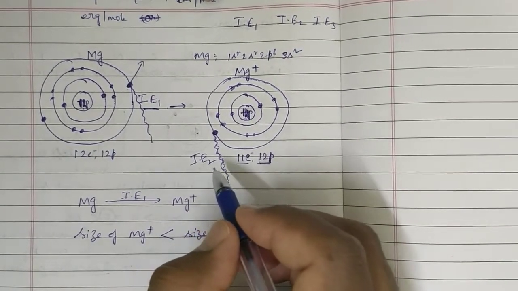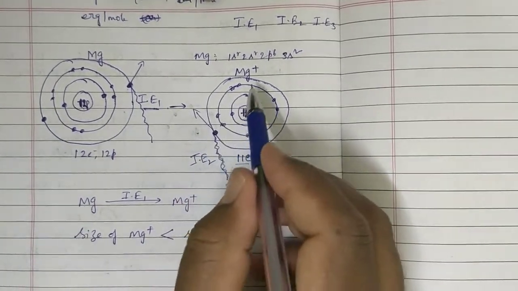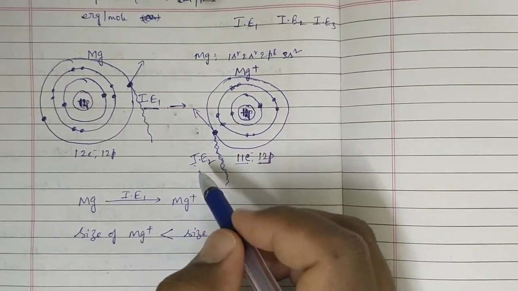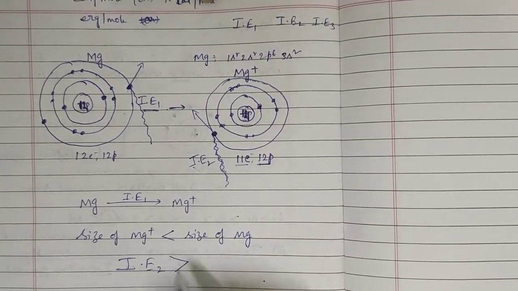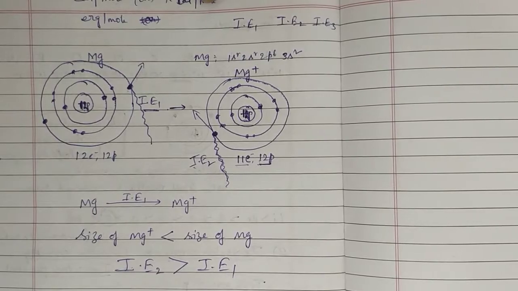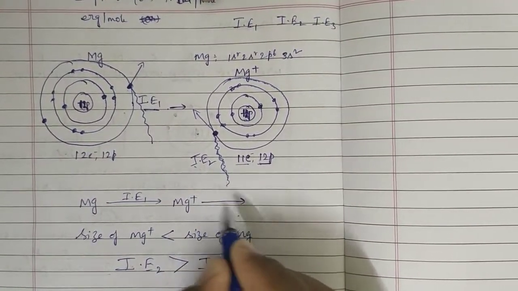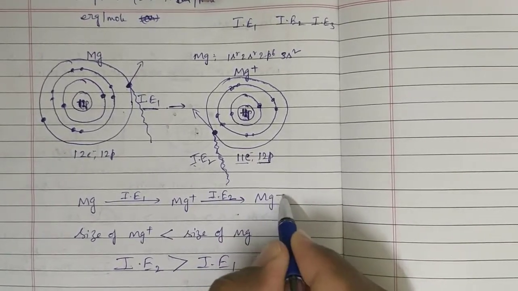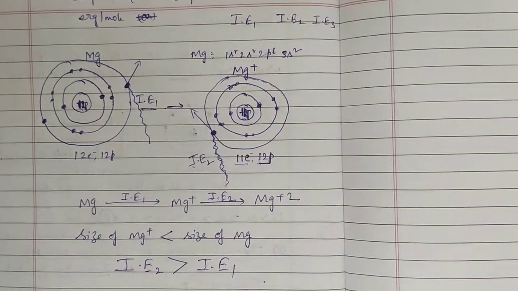High amount of energy is required to remove the electron from outermost orbit of unipositive ion. That is called IE2. So automatically IE2 is greater than IE1. From Mg plus, by supplying IE2, you will be getting Mg plus 2. Now it is stable. It will stop here.